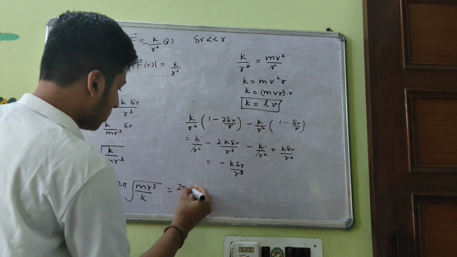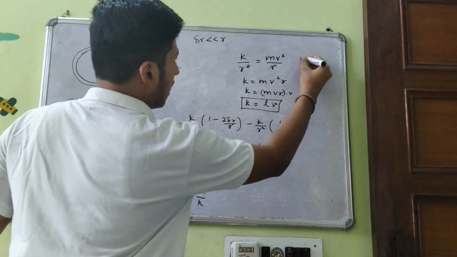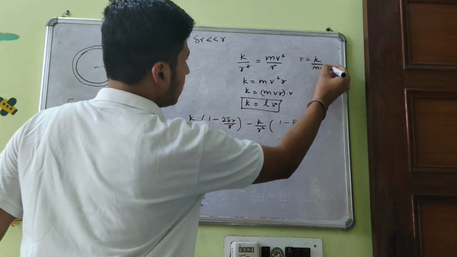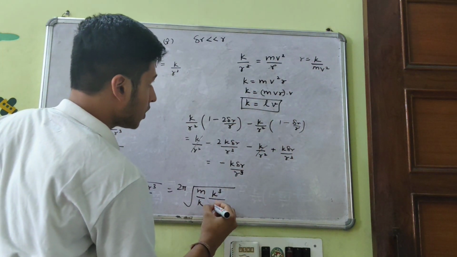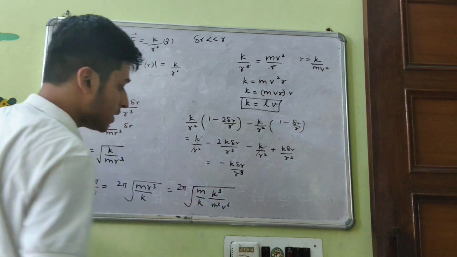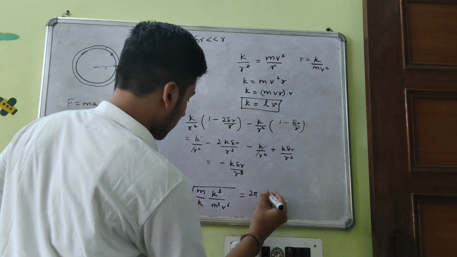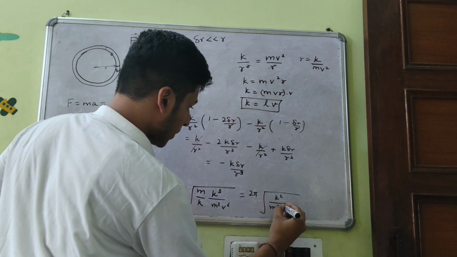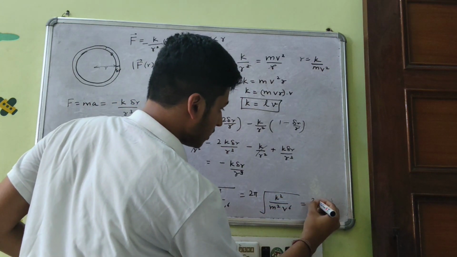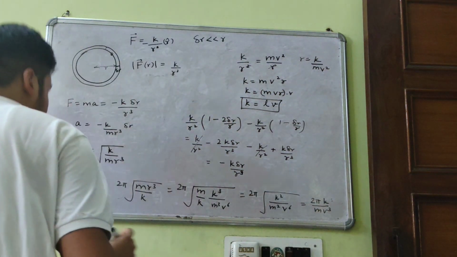So this will become 2 pi under root m by K, R cube. So R is K by mv square, cubed, so K cube over m cube v to the power 6. So 2 pi root K square by m square v to the power 6, that is 2 pi K by m v cube.